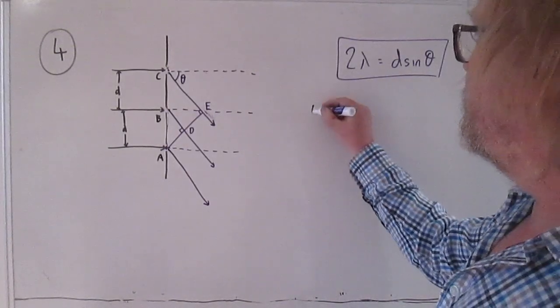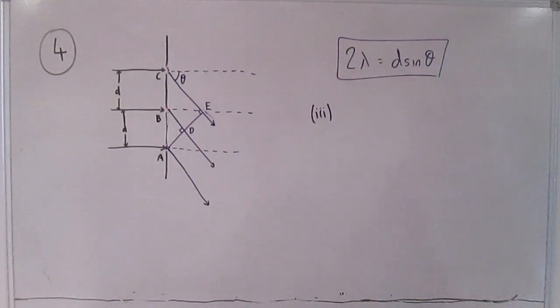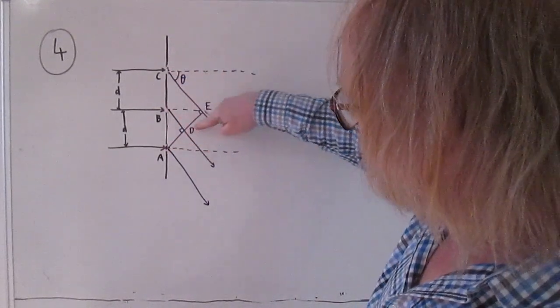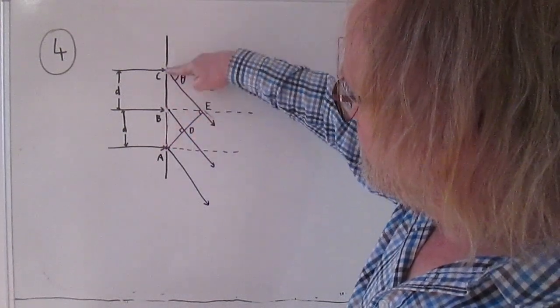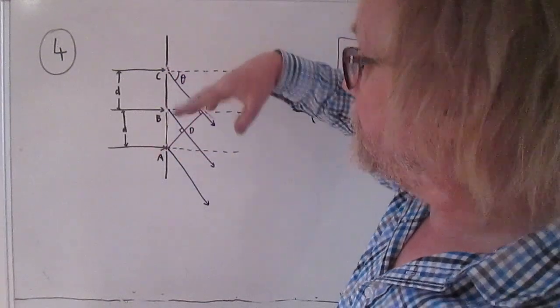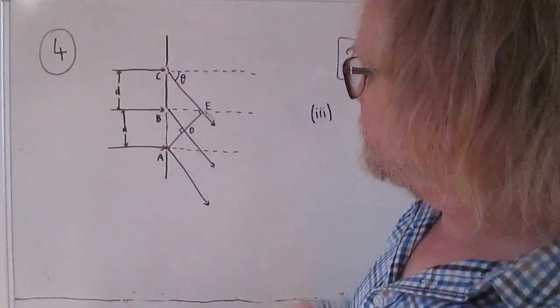So in part 3, we've got to demonstrate that this is true using that construction, which is the same as the one on the page there. So we can begin by realizing that it's got to be based on this triangle here, right, because we know that distance because it's 2D, and we know this distance CE because we've just worked out that's 4 lambda, so we know the distances in this triangle.